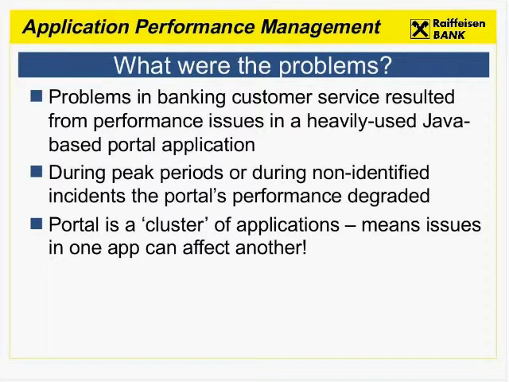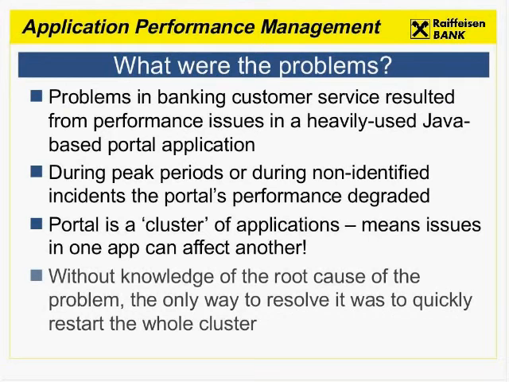This was the cluster of applications. In this J2EE environment, this Java environment, we deployed a lot of applications. That means when the server node has a performance problem, a lot of applications running on that server node could be affected. If some errors happened on one server, in one application, it affects the others. It was a problem for us.